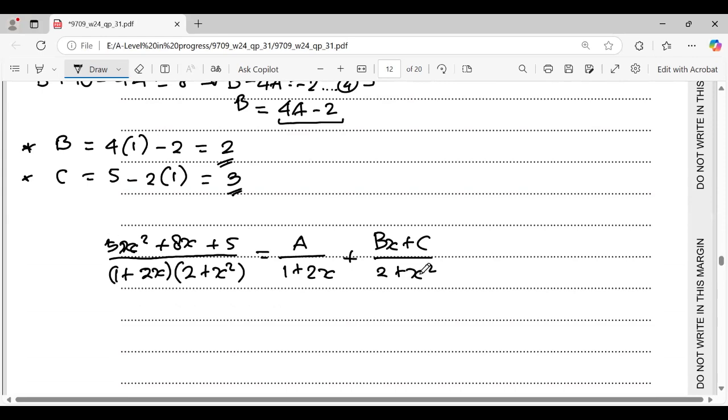Yeah, this. Sorry, a is 1, okay. This is 1, this is 2, and this is 3. Because a, b, c.